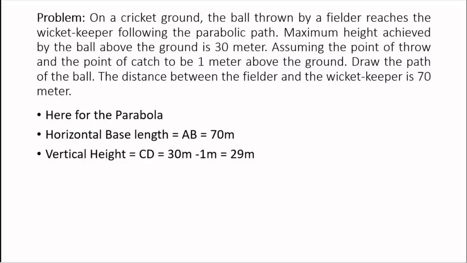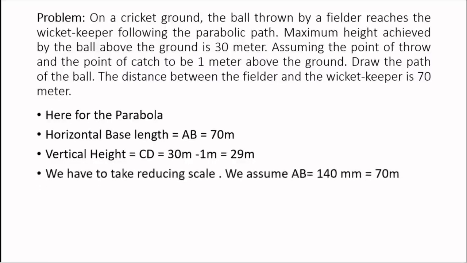Now because the units are in meters, we have to convert it into millimeters and take a proper scale. So we take a reducing scale and assume the horizontal base length of the parabola equal to 140 mm, which represents a length of 70 meters.